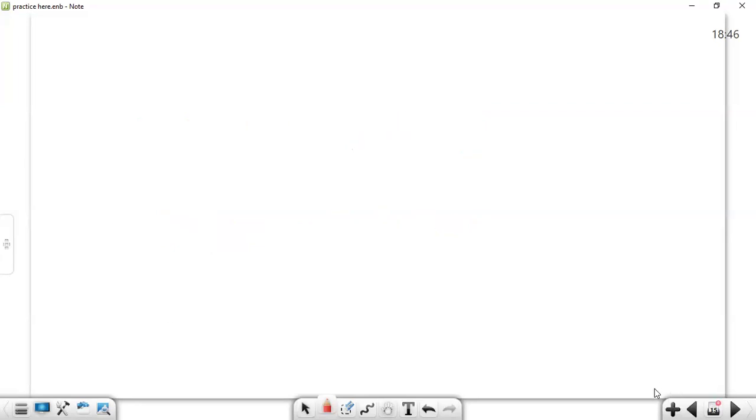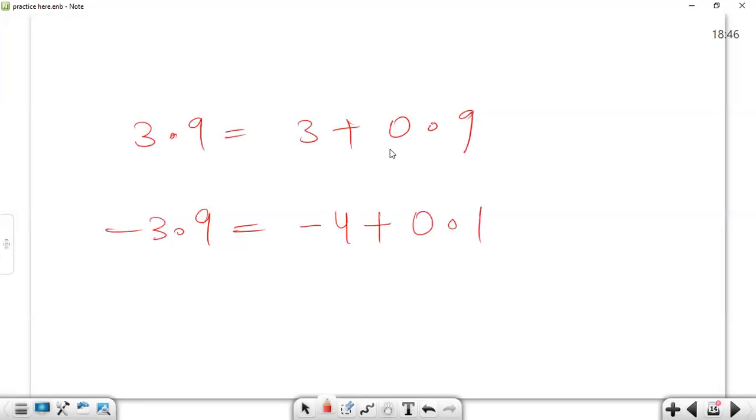Now let me rewrite it. First, observe this. How have I written it? I've taken the fraction value in a positive manner.